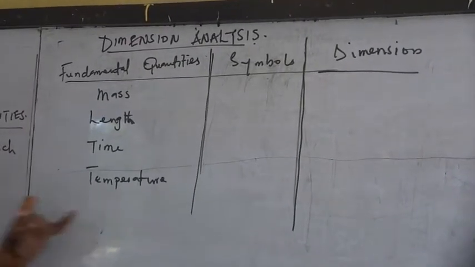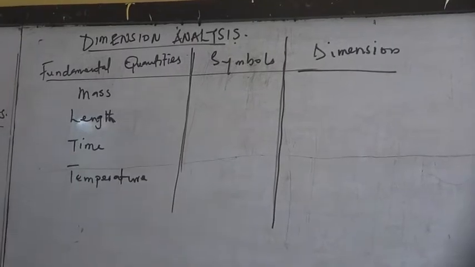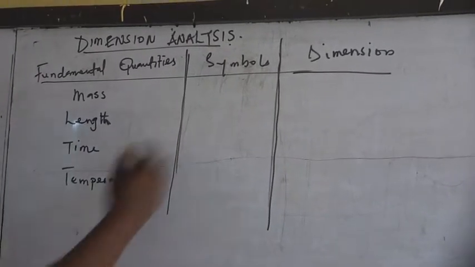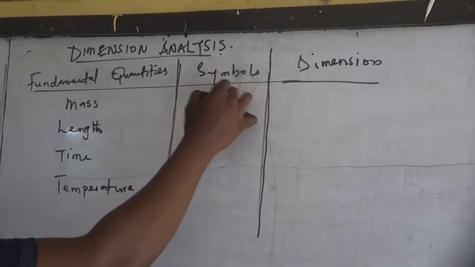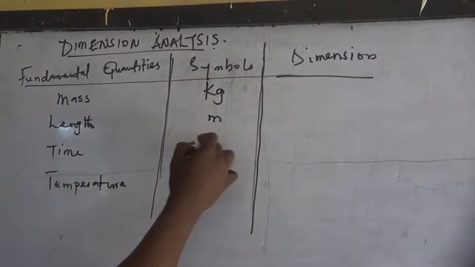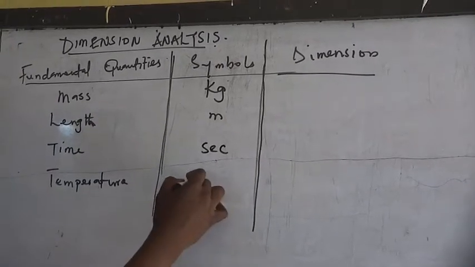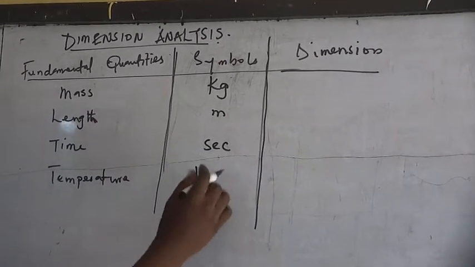So how can we express these fundamental quantities in dimensions? The symbol for mass is kilogram, for length is meters, for time is seconds, and for temperature is Kelvin, so K.